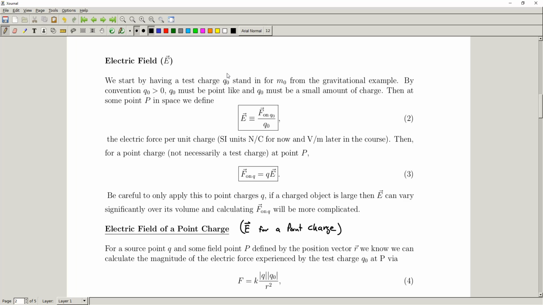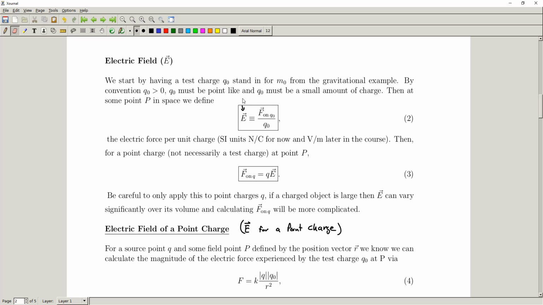Okay. And so if we do that and place our test charge at some point p in space, then we can write the electric field in very much the same way that we wrote our gravitational acceleration, which we now think about as a force per unit mass. We can now write down our electric field. So this used to be our gravitational field.